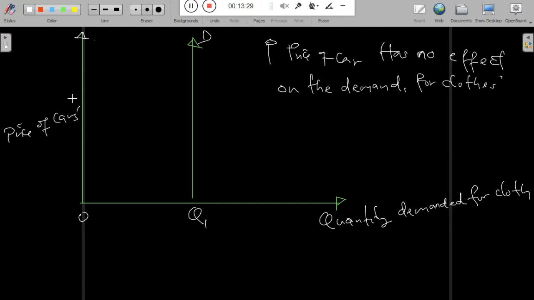So that's why our graph will appear in this form, as you can observe.